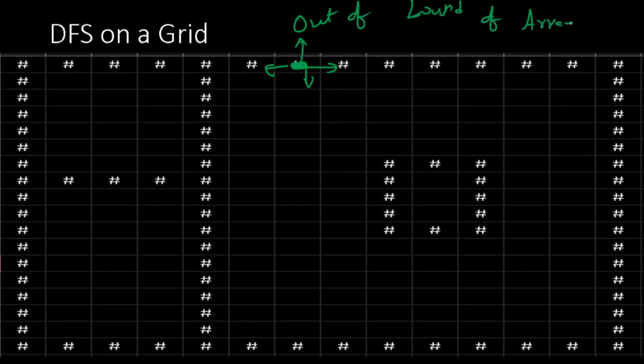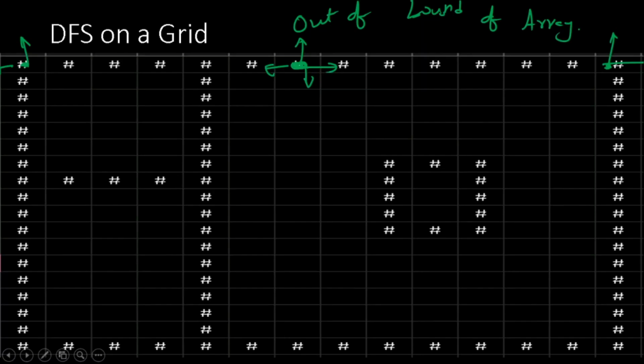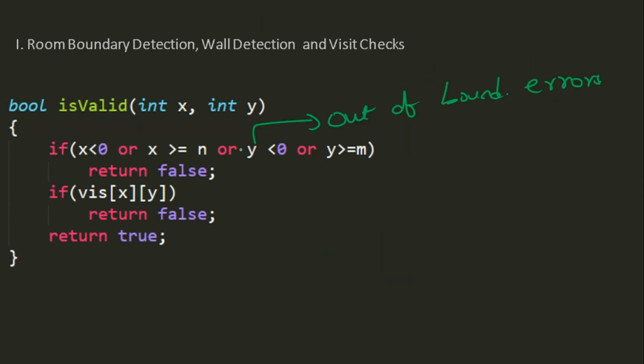This was not a problem with the conventional DFS, but when we are navigating in a grid, let us say we are in this location, we can't go up, we can't go left. Let us say we are in this location, we can't go up and we cannot go right. So these facts need to be verified. So that is what the isValid function does. If it is out of bounds, we return false.